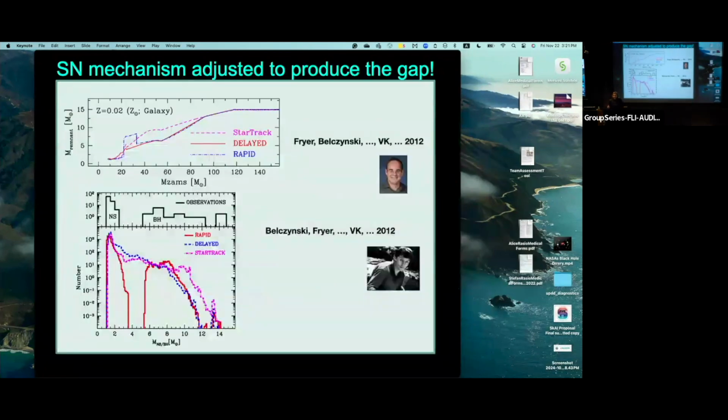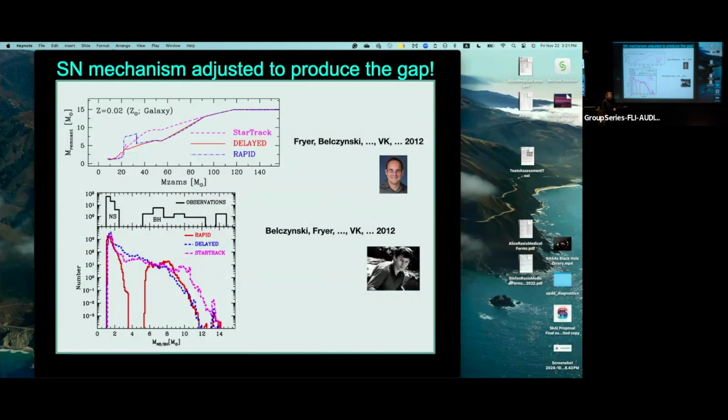They predict a gap. I was a co-author on those papers. We didn't predict the gap. Those papers were 2012. What we did, Chris went back to our idea from 2001 and said, damn it, the gap exists.